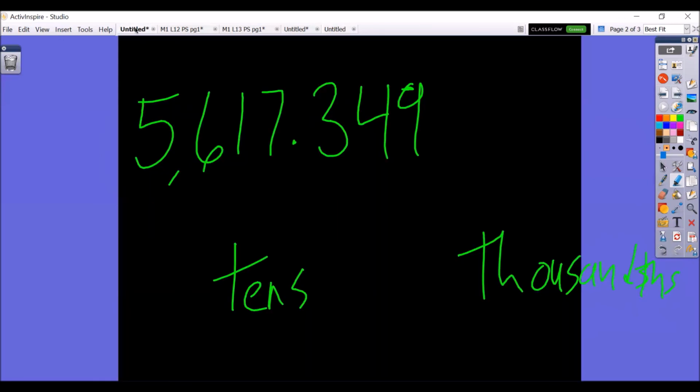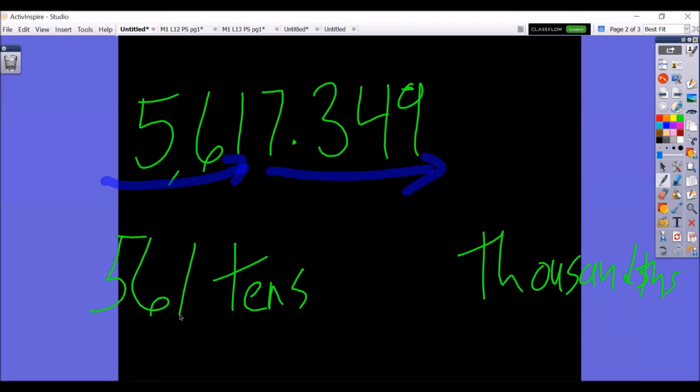So decompose all the way down to the tens place, and then decompose all the way to the thousandths, right? So we have 561 tens with 7,349 thousandths. All right, great job, and we'll see you at the lesson 12 concept video.